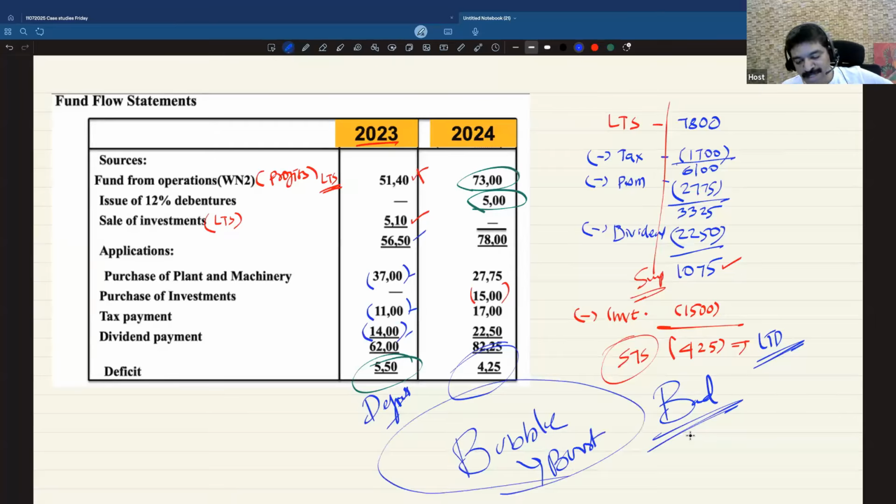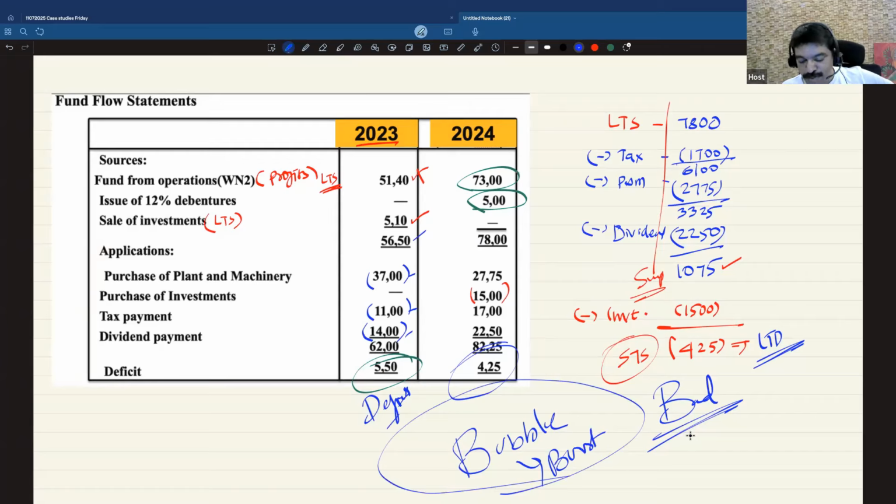And these things will get revealed in the fund flow statement. I don't know why they have withdrawn the fund flow statement from the financial statements. Such a powerful statement.